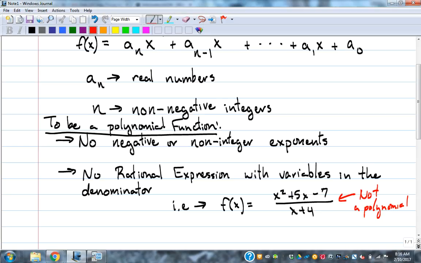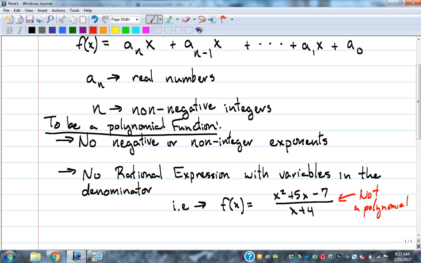What's wrong with it? All right, so follow those rules and you've got a polynomial function. No negative exponents, no non-integer exponents, so no fraction exponents, and no variables in the denominator is basically what you have to remember.